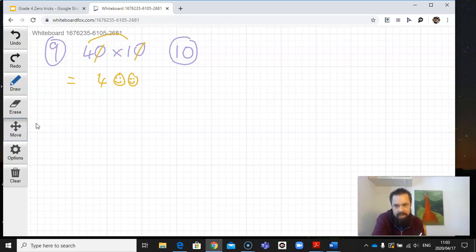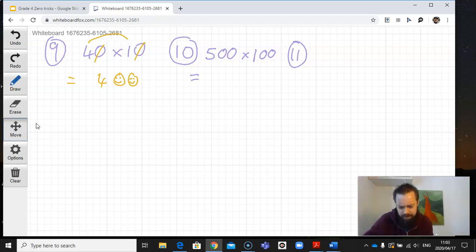Now that you've seen the pattern that we can take the zeros from both numbers, see if you can manage this one. I'll put down 11 at the same time while you're still busy. I see that I did 6 twice.